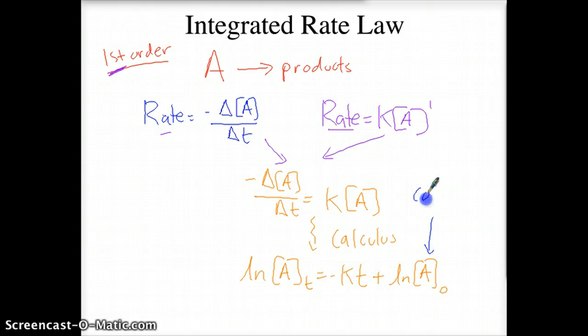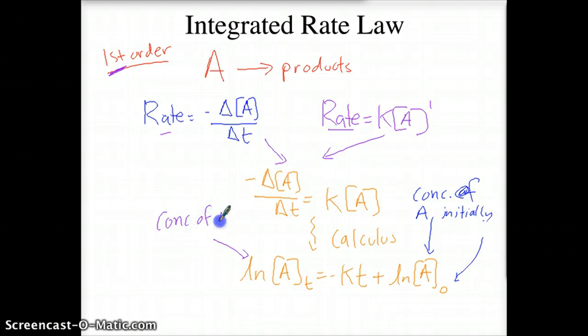What this means is the concentration of A initially, at the beginning. So anytime you have this little naught here, this little 0, that means the initial concentration. And this means the concentration of A at some time, whatever that time may be, at 0 seconds, at 5 seconds, at 10 seconds, it doesn't matter.